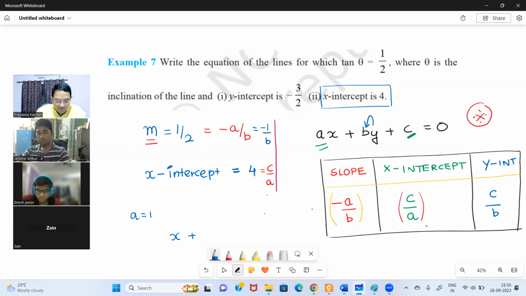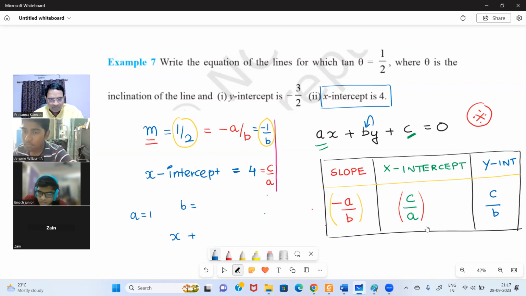So minus 1 by b is equal to 1 by 2. So what is b?